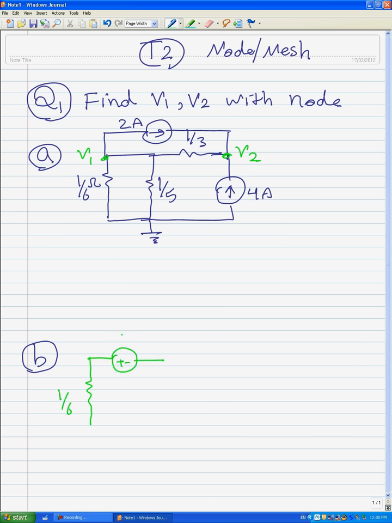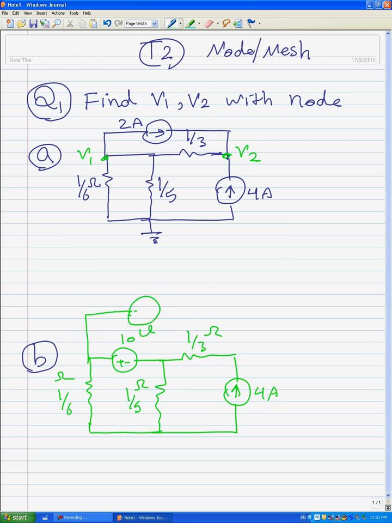This is 10 volts and we have a resistor here and also here we have 4 amps and 2 amps. V1 is the voltage here and V2 the voltage here.